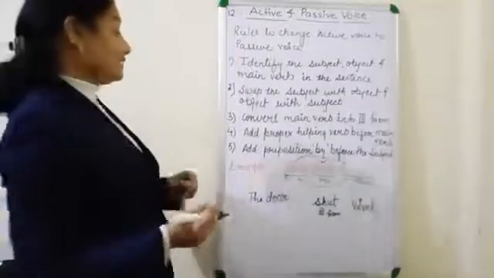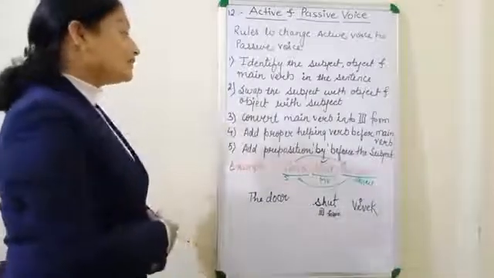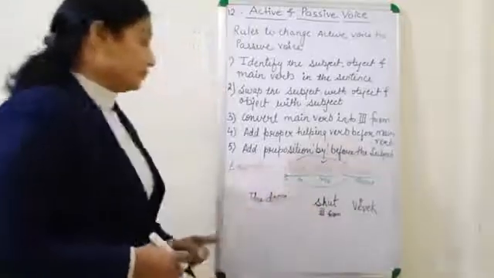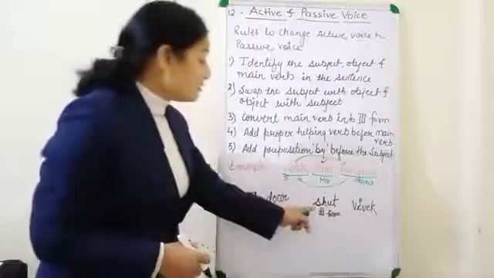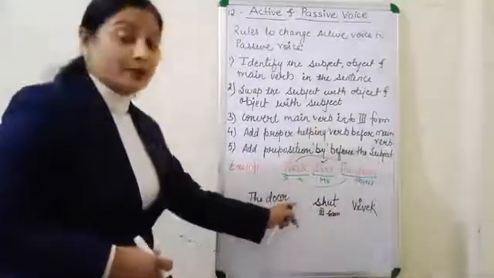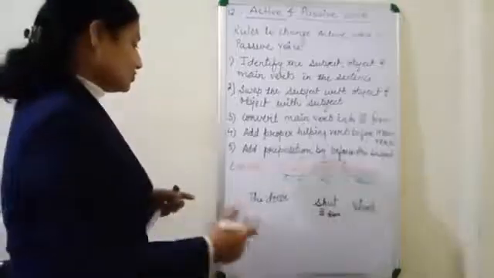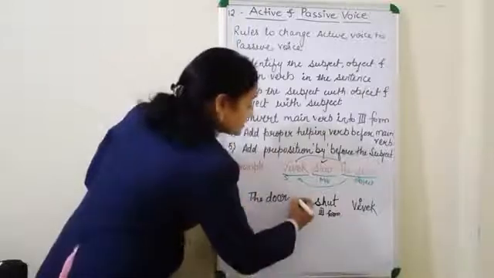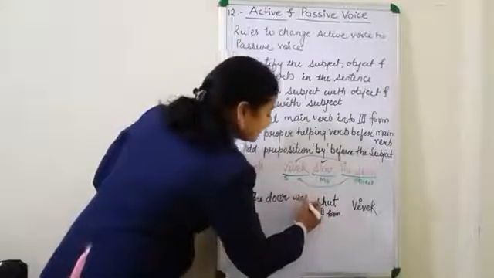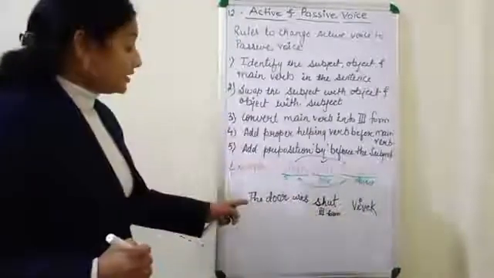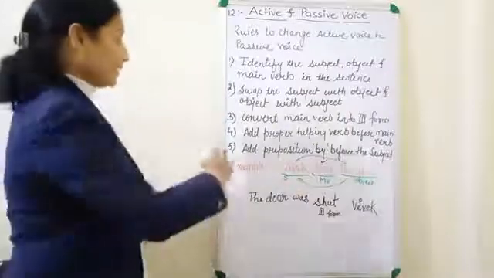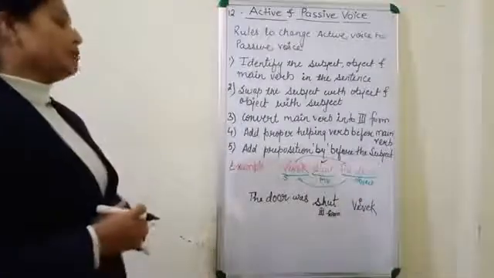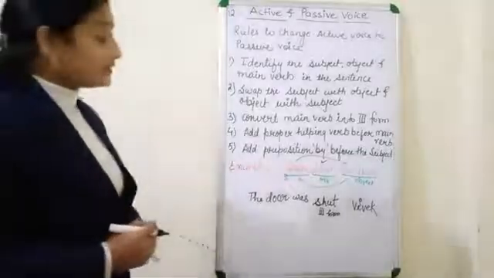Read the next rule. Add proper helping verb before the main verb. So, we can write down, the door was. Then, see the fifth point. Add preposition by before the subject.